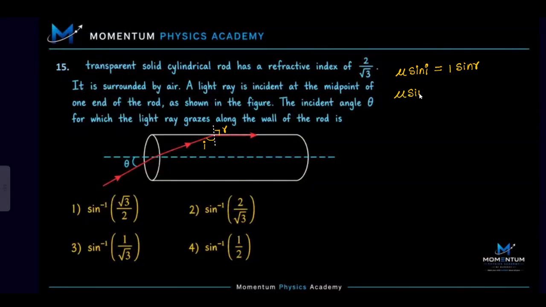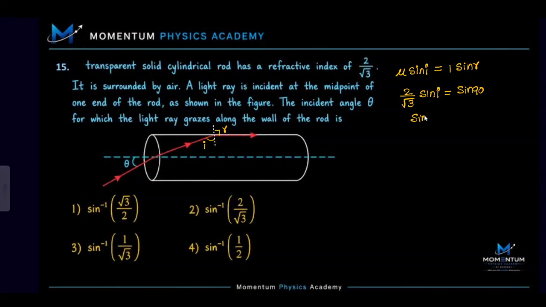So this mu value we know, the refractive index of the slab is given as 2 by root 3, into sine I, which is equal to sine 90.